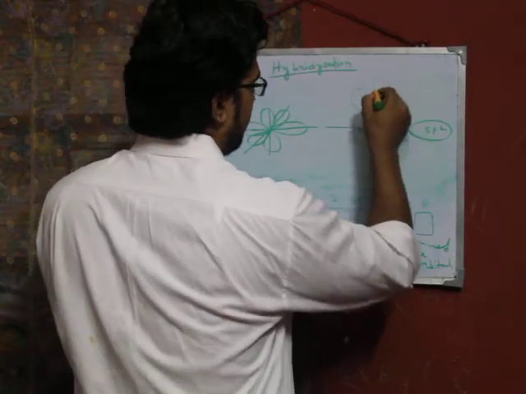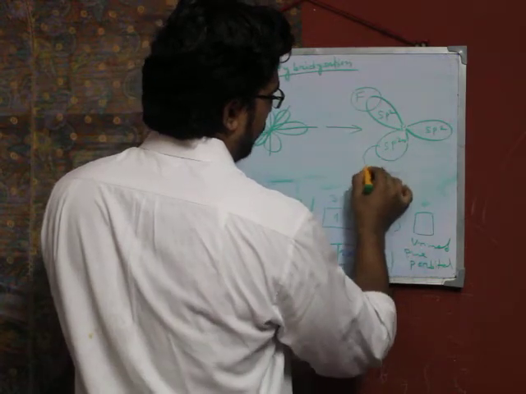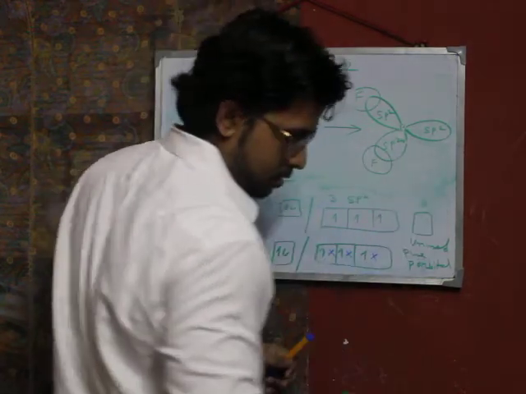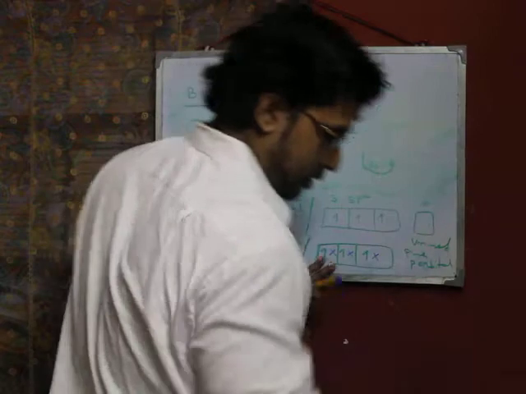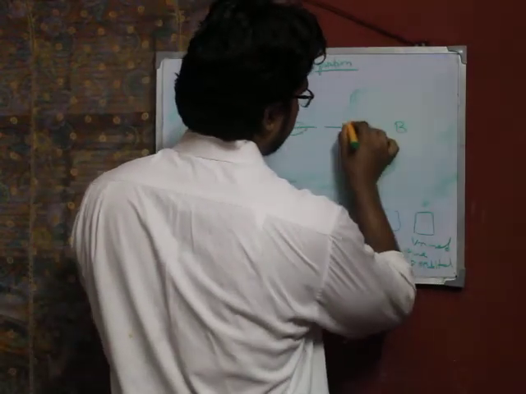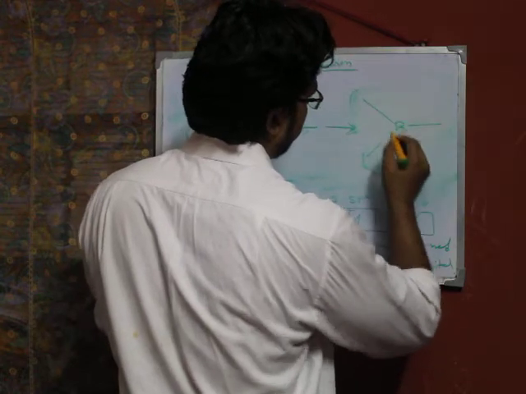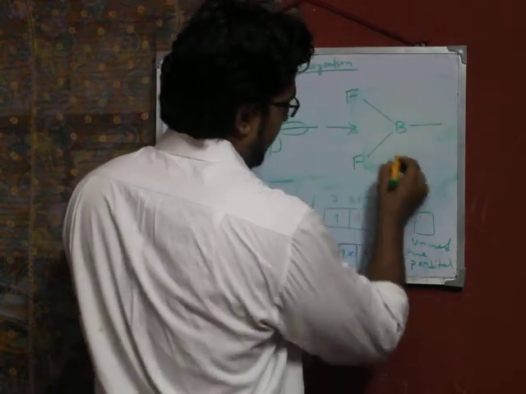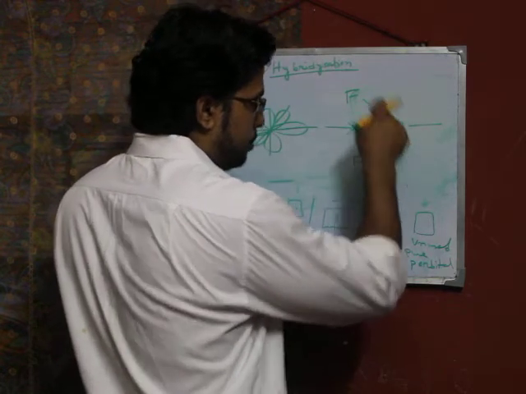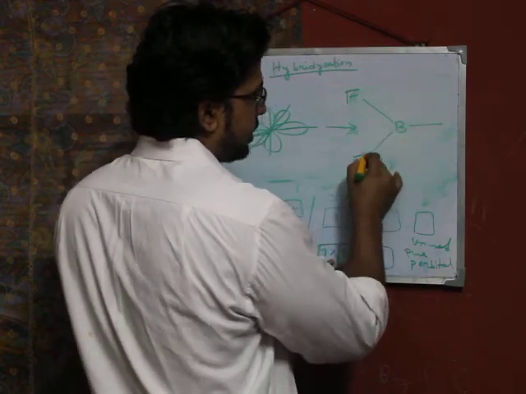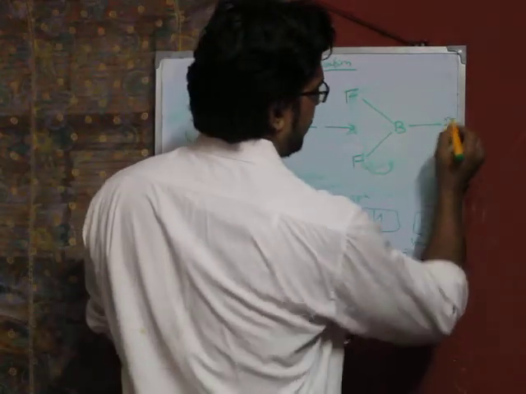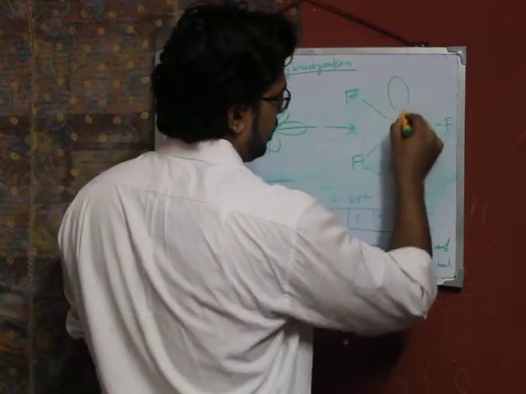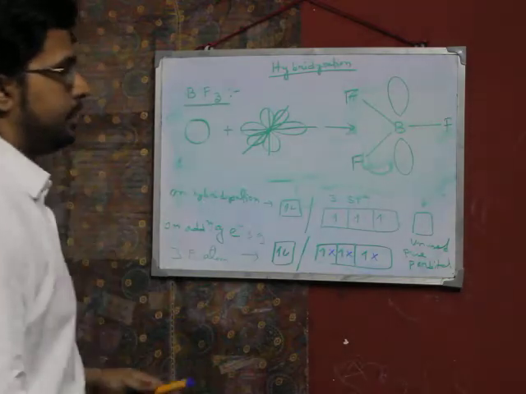Now this will combine with the fluorine atom. The sp2 of the boron atom combines with a p orbital of the fluorine atom and forms the molecule, and one unused orbital remains like that, and this is vacant.